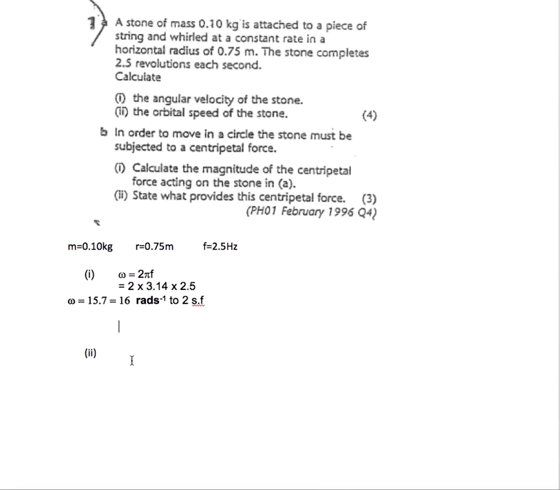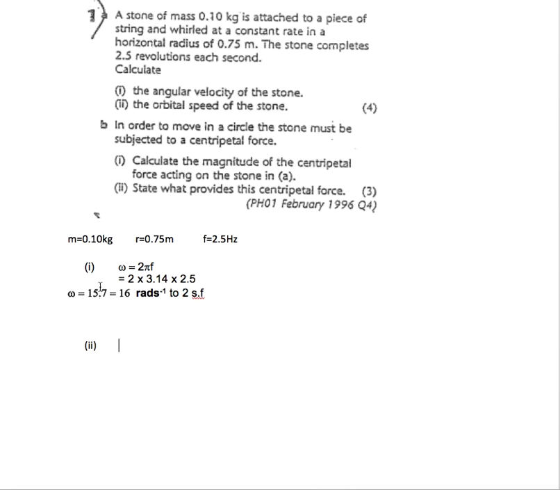Then part 2, the orbital speed of the stone. Of course, this is A1 and 2. Stick an A in there if we can.